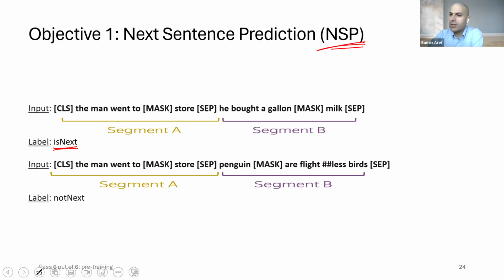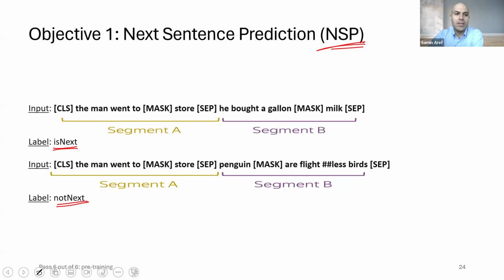You can see that for this second input, which is another pair of two sentences or two segments, they don't follow each other logically. It doesn't make sense to talk about a man going to a store and then talk about penguins all of a sudden, right? So the label corresponding to this input is "not next". So this is a binary classification task.